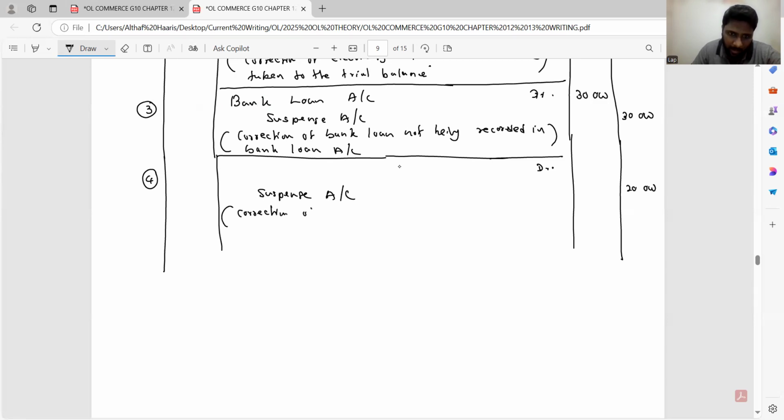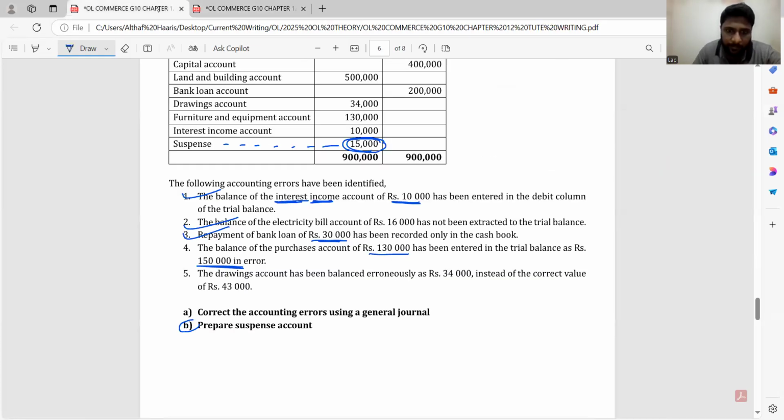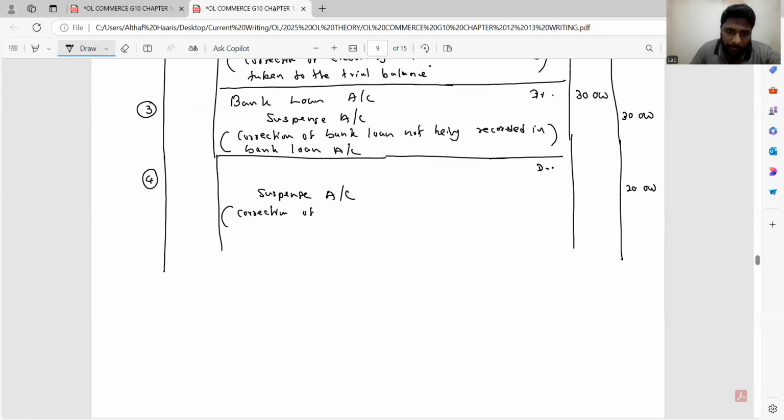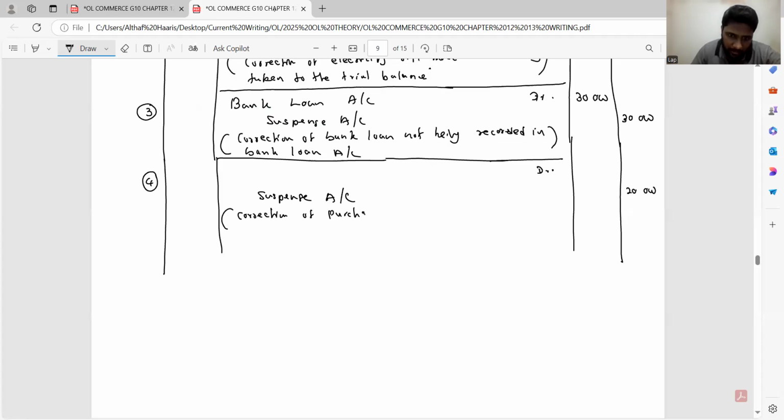Correction of purchase account being recorded as 130,000 in trial balance instead of 150,000.